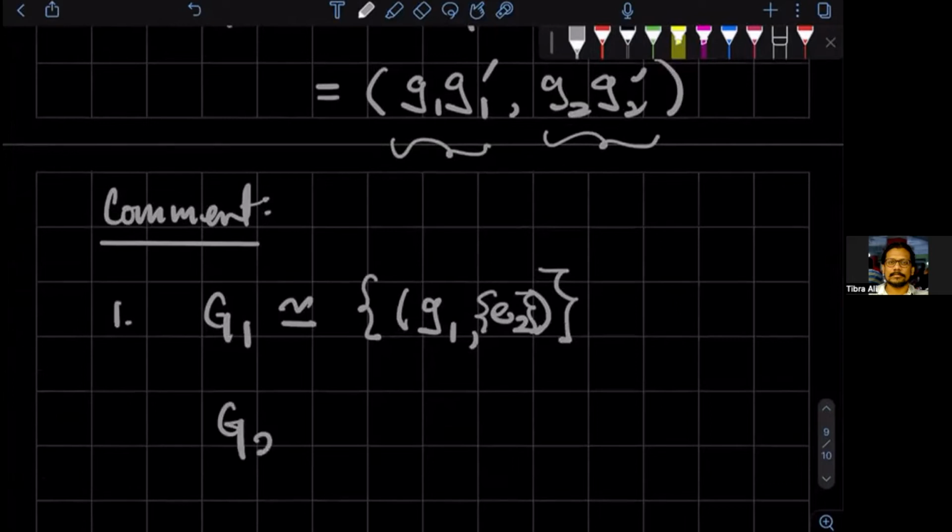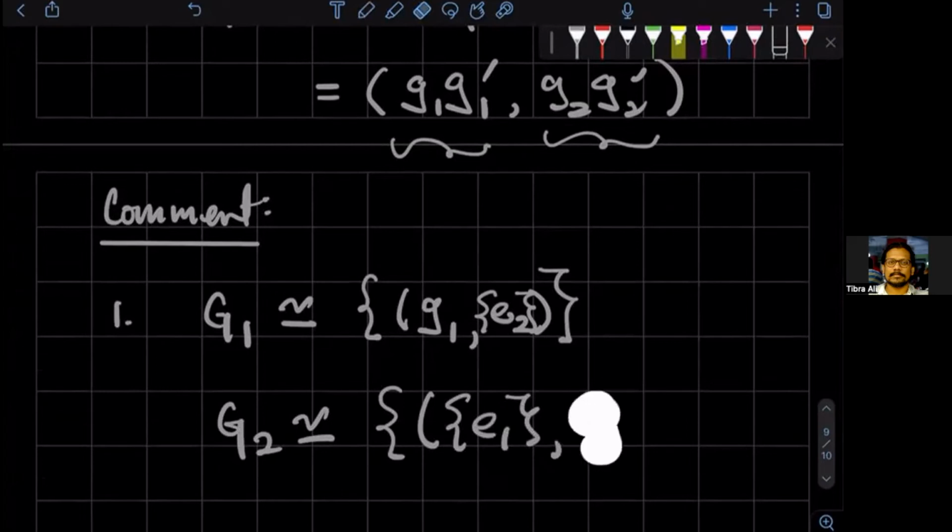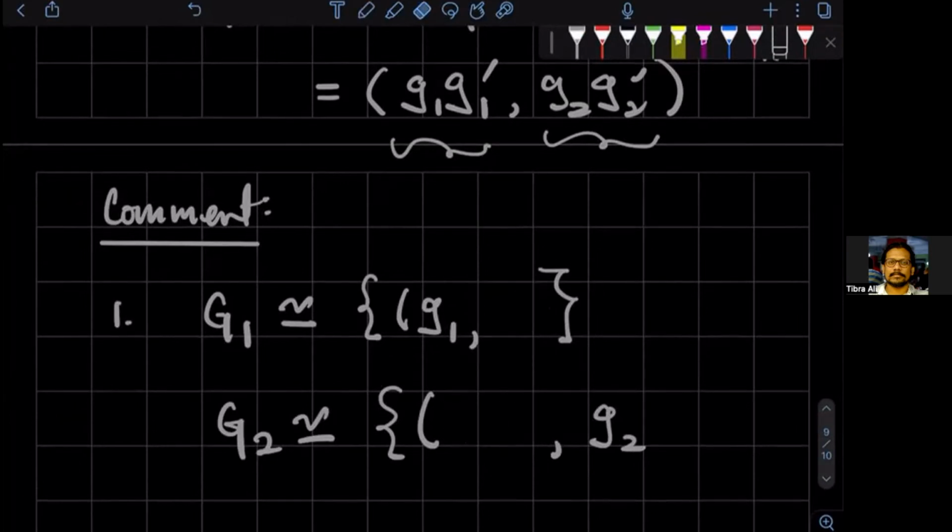And G2 is isomorphic to the identity element from the first group and G2. I don't think it needs brackets here. Yeah, so this is E1, G2. Okay?